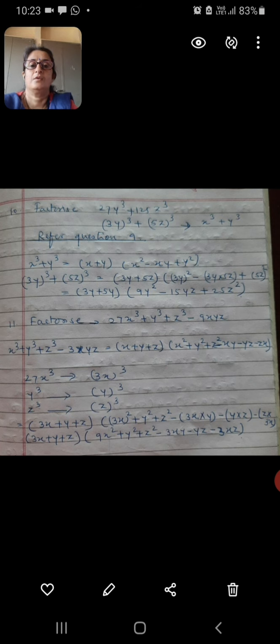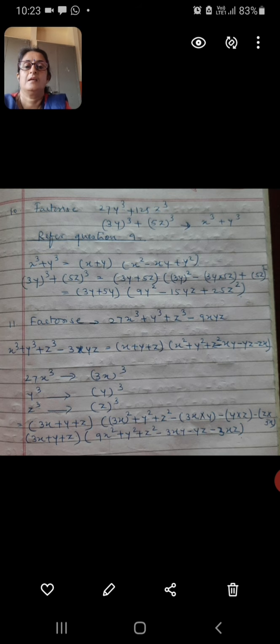Next is factorize 27y cube plus 125z cube. So split the number, that is (3y) cube plus (5z) cube. So it is in the format of x cube plus y cube. According to the reference with the 9th question, x cube plus y cube is equal to (x plus y) times (x square minus xy plus y square).